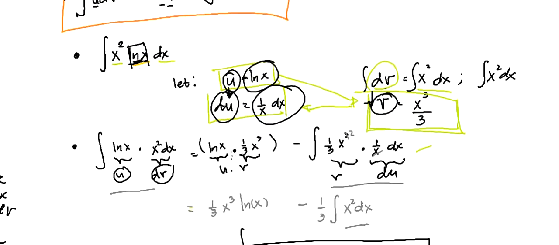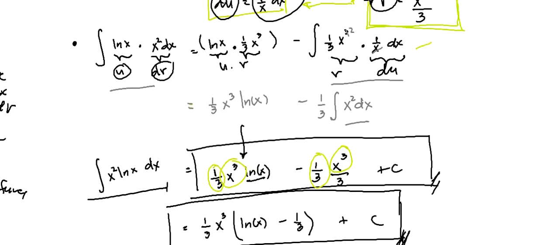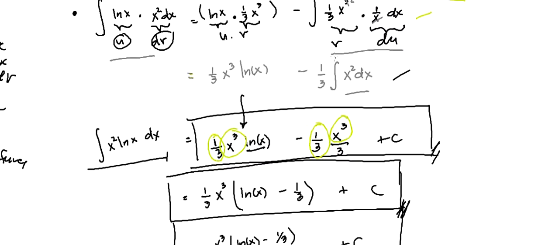Our u is ln of x and our v is this one, and our du is this one. Then we simplify our v du, and proceed to the integration. You can easily integrate this part, which is x cubed all over 3, and then we simplify our answer.